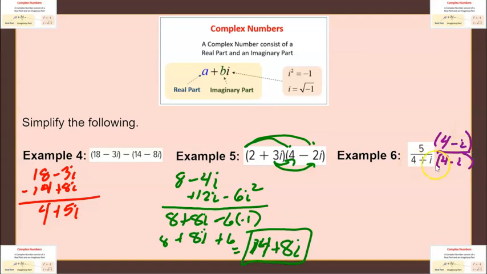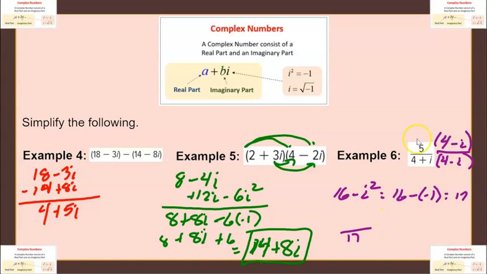Now I have a difference of two squares in the denominator, which will be 16 minus i squared, which will really mean 16 minus a -1, which will really make that 16 plus 1, which will make that 17. So my denominator is 17.